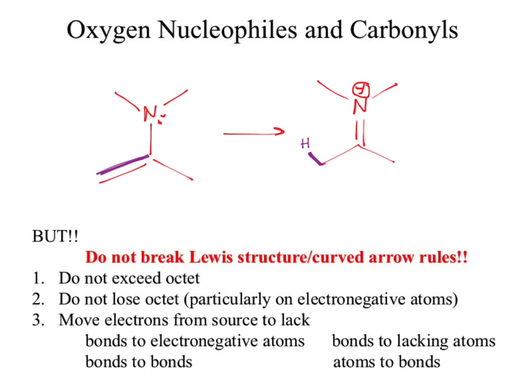That's why you have to be very careful with your Lewis structures, very careful to not break octet rules or curved arrow rules. Do not exceed octets. Do not lose octets. Move electrons always from a source to a sink. That arrow to cause the pi bond to move up there, you're moving the pi bond, a source of electrons. Good move, but where are you moving them towards?